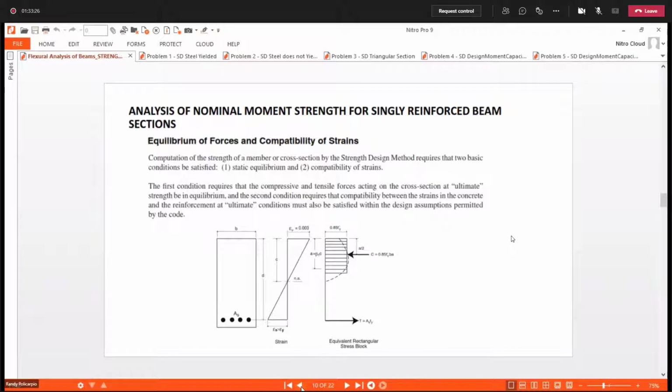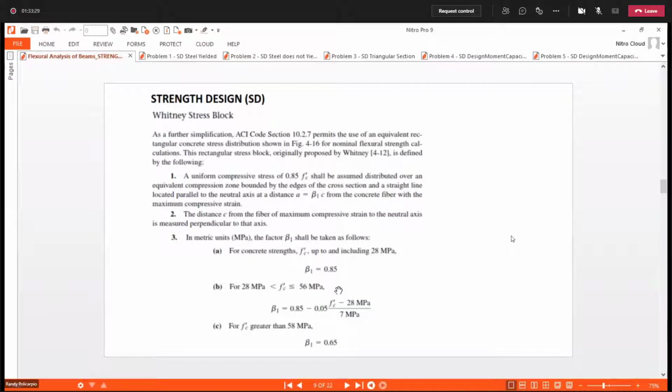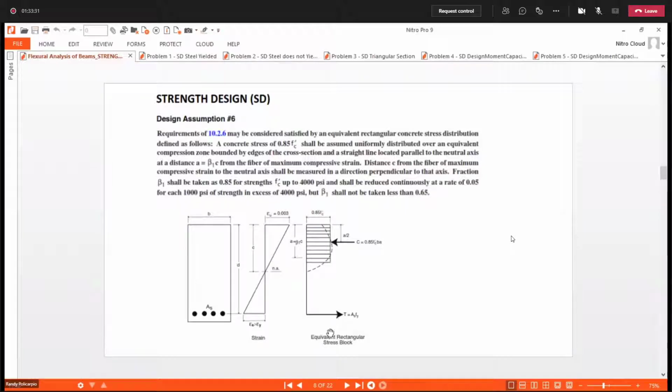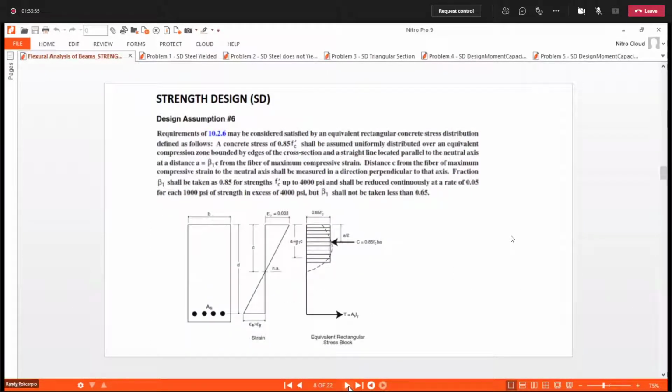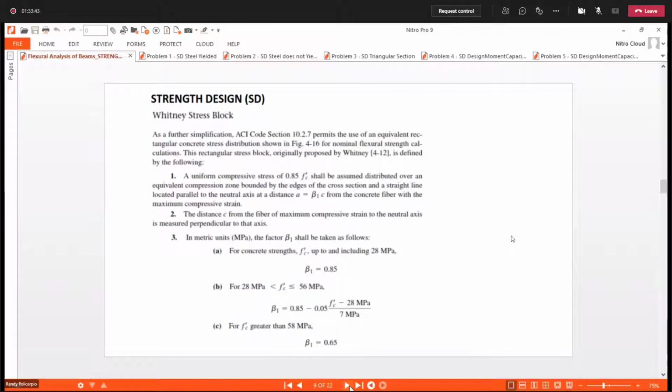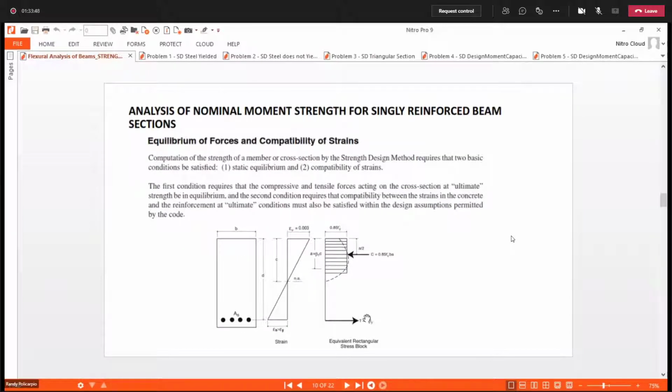By the way, the equivalent rectangular block is accepted by the code because of in agreement with test, yung result ng test. So in agreement siya, kaya naging mas madali yung computation.